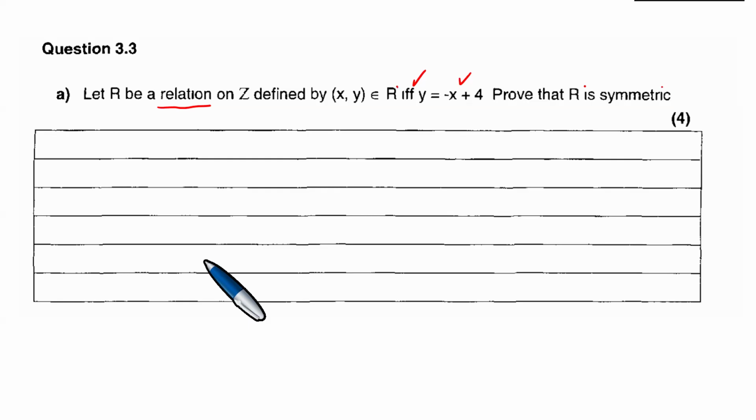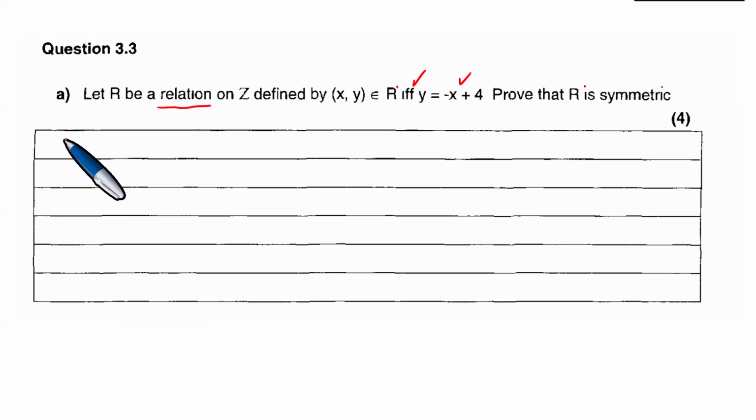Moving forward. 3.3a. Prove that R is symmetric. Well, we remember that a symmetric property is the following property.